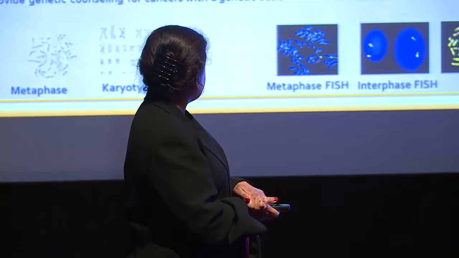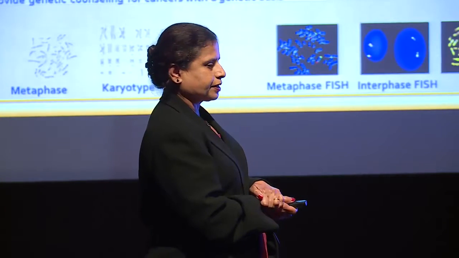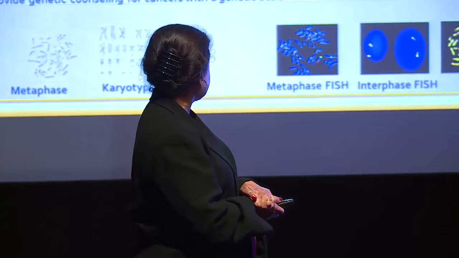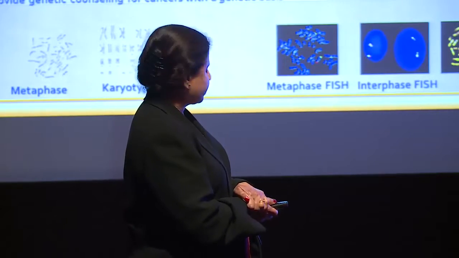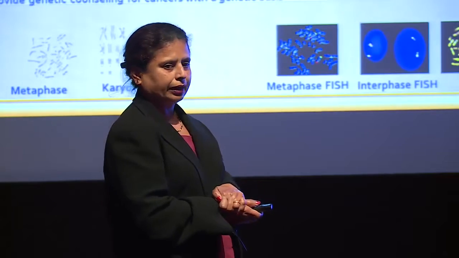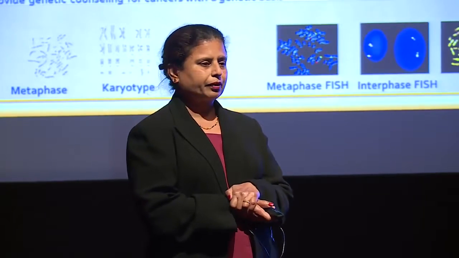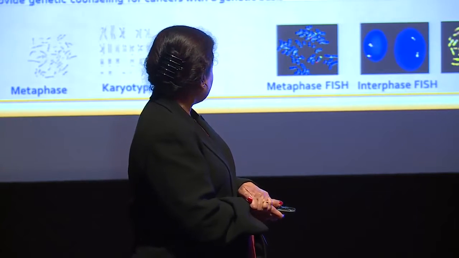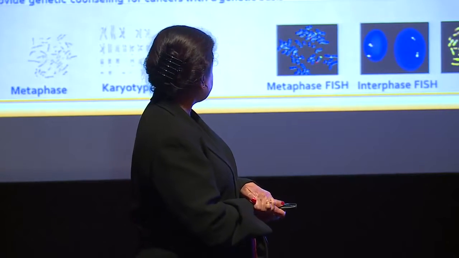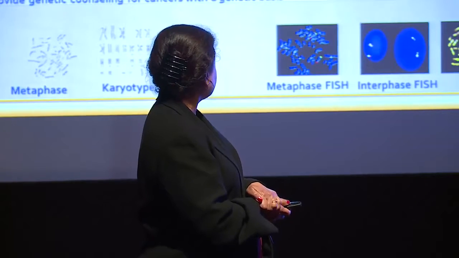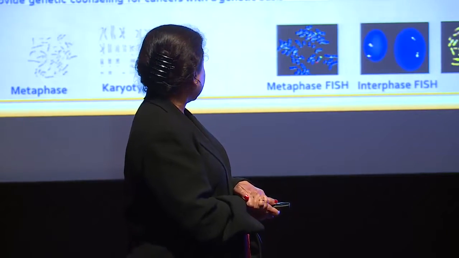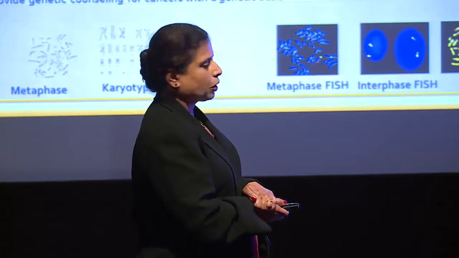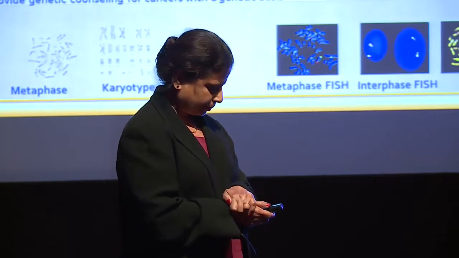Its advantages are that it's highly sensitive and specific, it's rapid and reliable, and can detect submicroscopic changes. Analysis is possible on interphase nuclei, and this is very critical when we do not have metaphases. As I mentioned, it can be used by itself also to monitor residual disease and sex mismatched transplant recipients to monitor the transplant status.